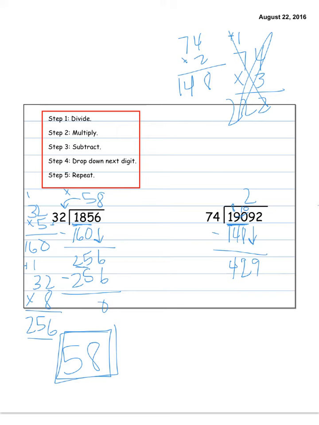Well, we saw earlier that 74 times 3 is 222. Okay, so let's try 74 times 5. We're not exactly sure how many times it fits, so we just have to do some trial and error. Well, 5 times 4 is 20, so we write down our 0, regroup our 2. 5 times 7 is 35, plus the 2 we regrouped, and that's going to be 37.